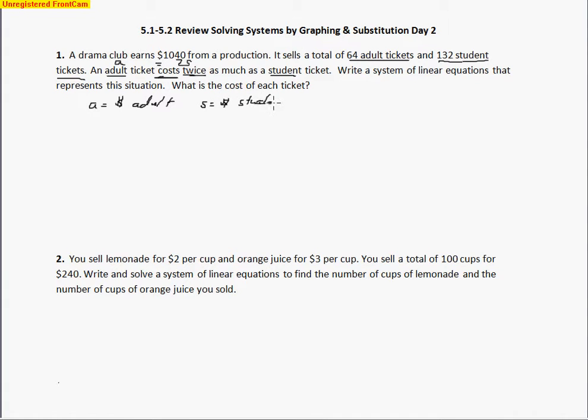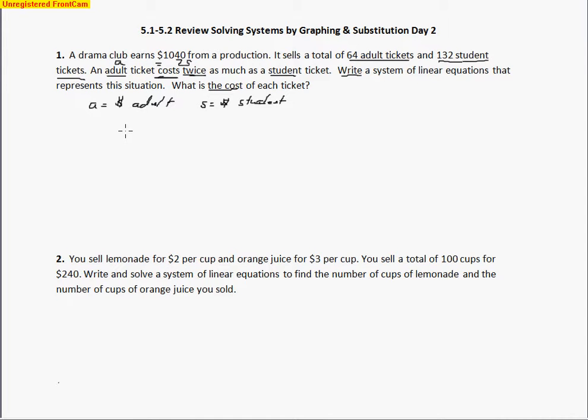And from there I'll be able to come up with my other equation. Once I see that they're comparing the two, I try to write an equation to match that, and I look further for what the question is. They're asking me to write a system of equations, and they want us to find the cost of each ticket. So A is the price of the adult ticket, S the price of the student ticket.